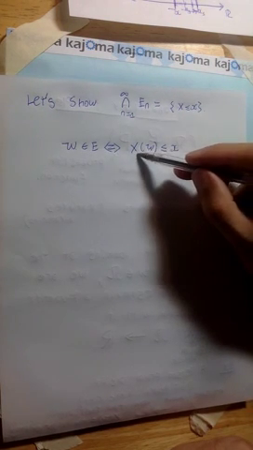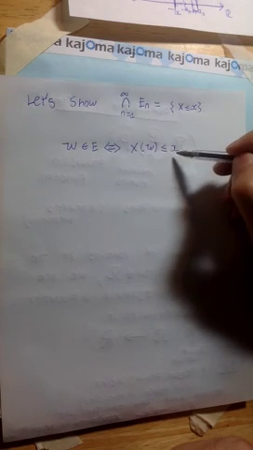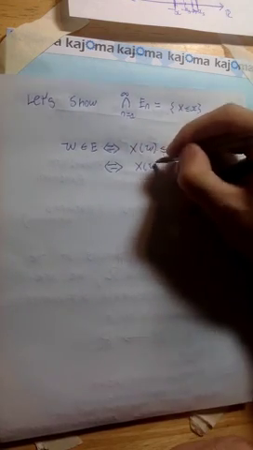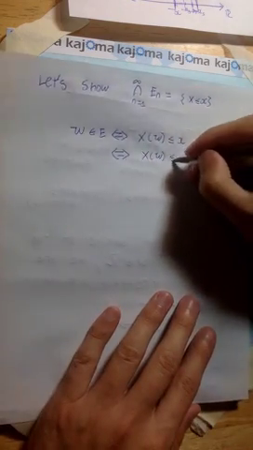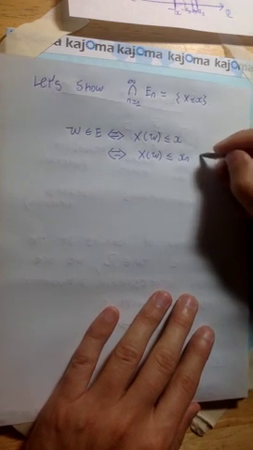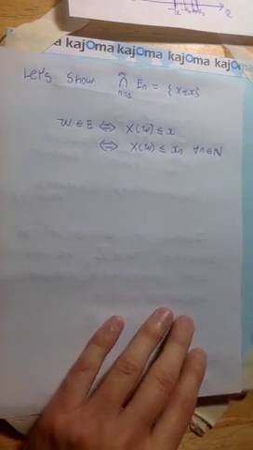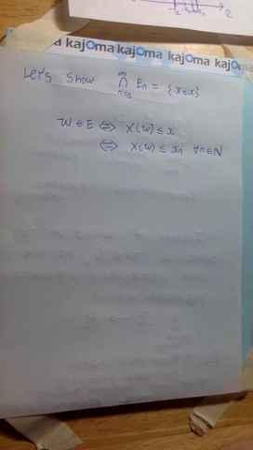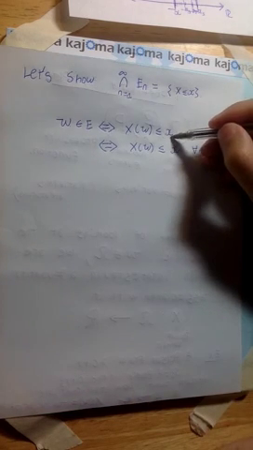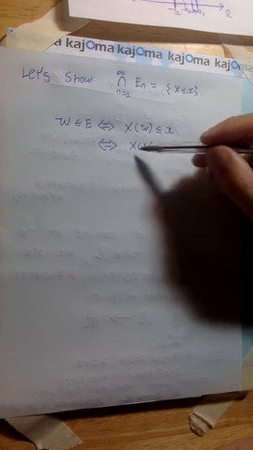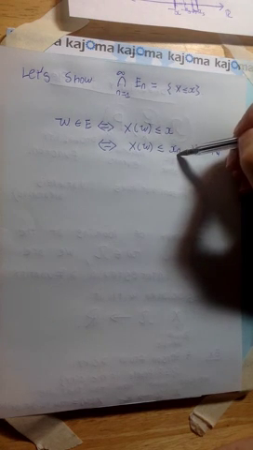But a number X(ω) is less or equal than x if and only if X(ω) is less or equal than x_n for every n in N. So you're less or equal than x if and only if you're less or equal than every point in the sequence.